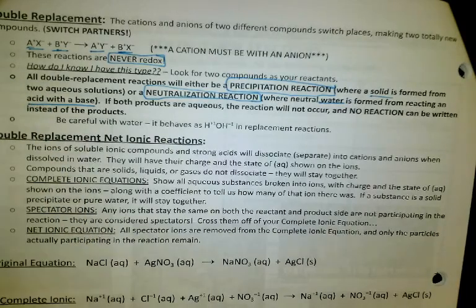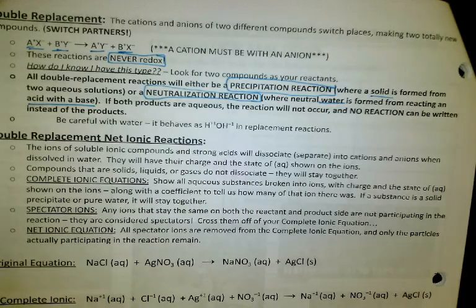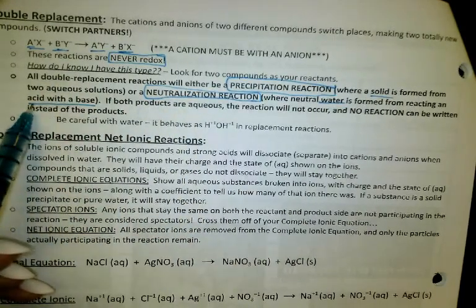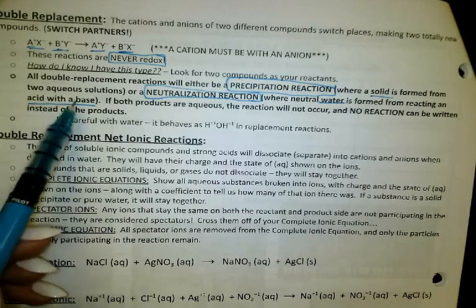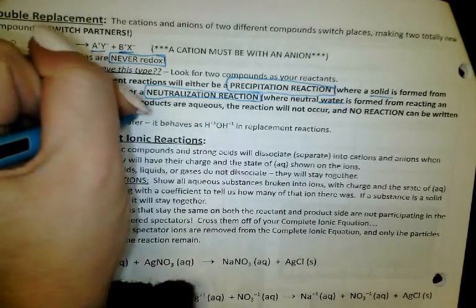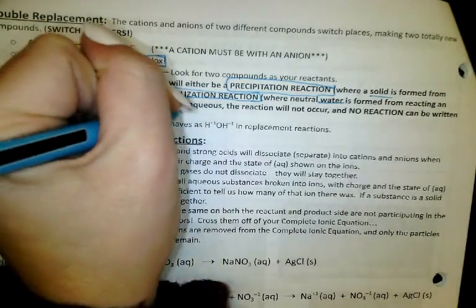So y'all remember when we were doing the formula equations, I said put H2O and I said put an L, because that means that's new water. Okay, so in neutralization reactions, we have an acid, which we know it's an acid because it says acid, and a base. A base is going to be a metal hydroxide.